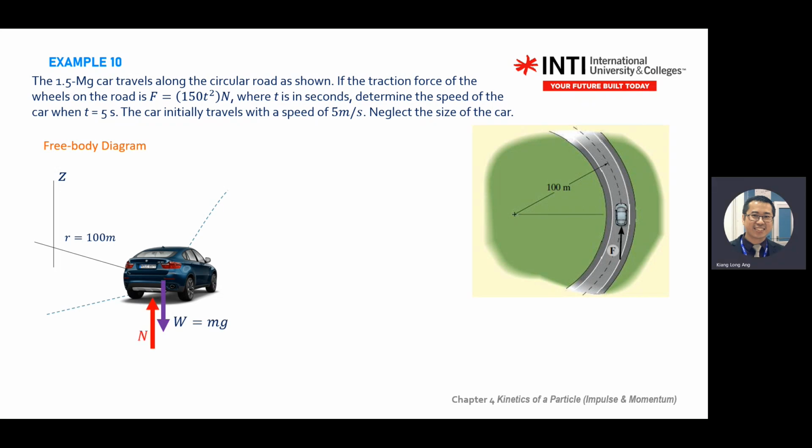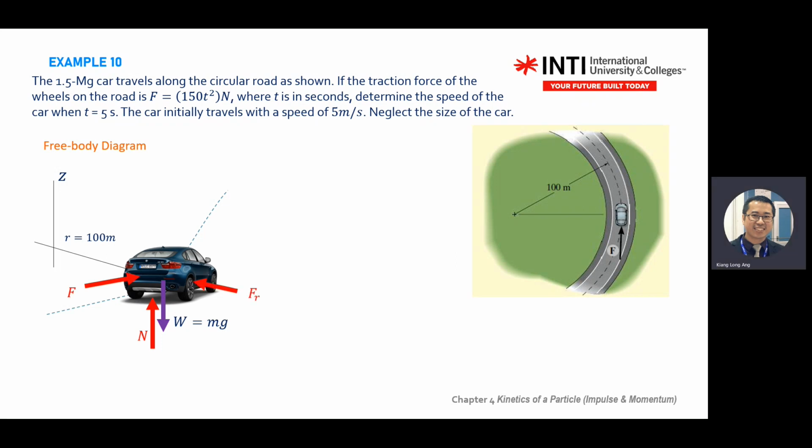On the car you have the normal force and weight pointing down. Z here, this is the XY plane, and this is a curve. So the car's tangent is moving upward like that, and the normal is pointing in.